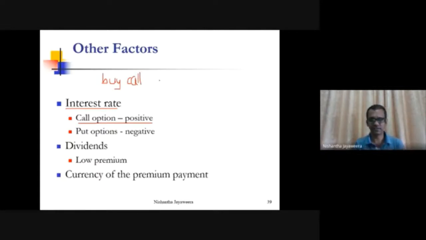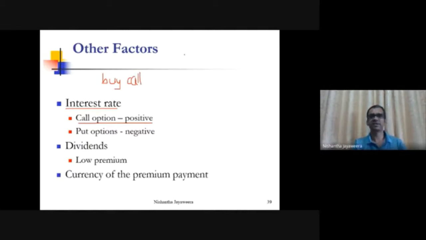So when the interest rates are high, investors will tend to buy call options. Why? They can save their capital and invest it at a higher interest rate.